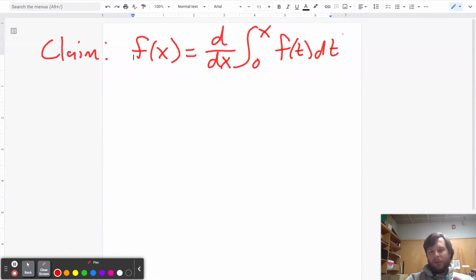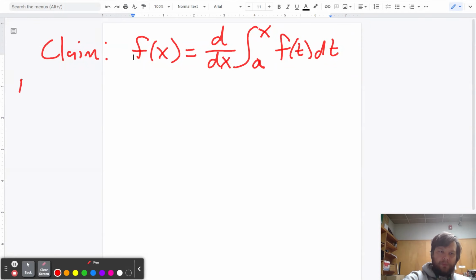In other words, if you integrate from 0 up to a certain x value of a function, and then take the derivative of that, you'll just get the value of the function at x. The derivative cancels out the integral. And it doesn't have to be 0. It could actually be any value a. So I'll make it slightly more general by making it a.